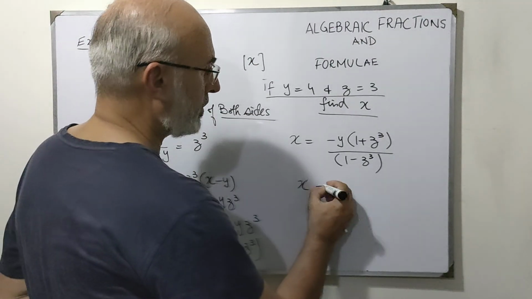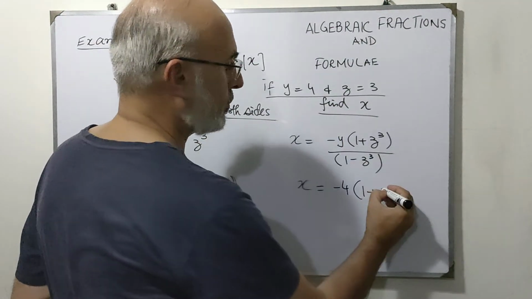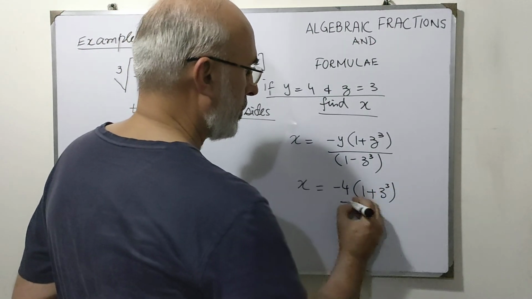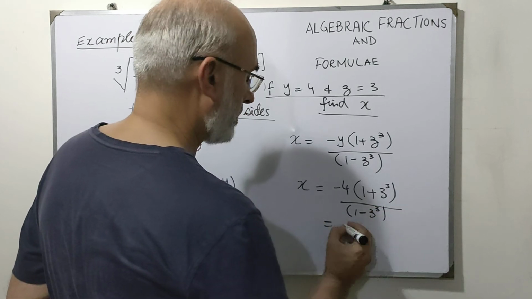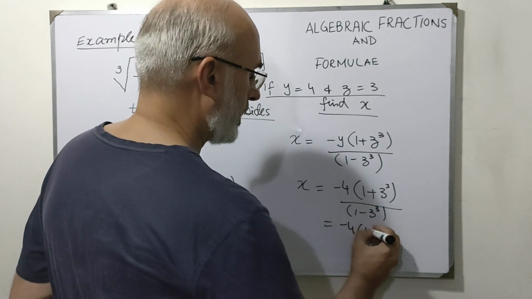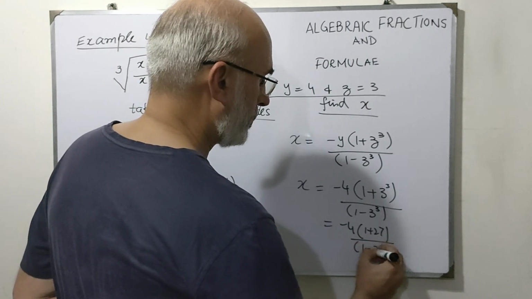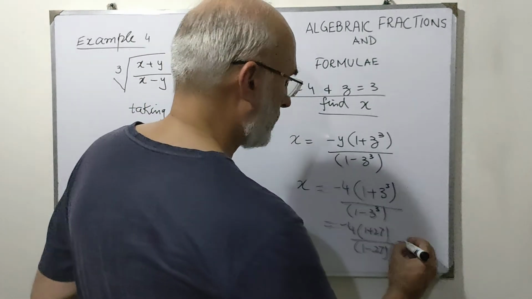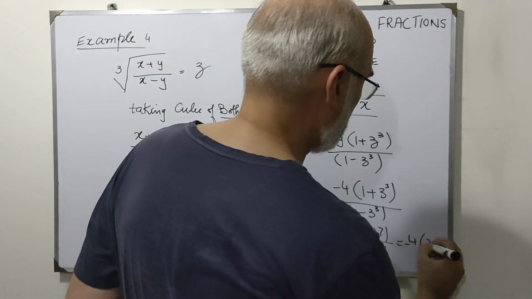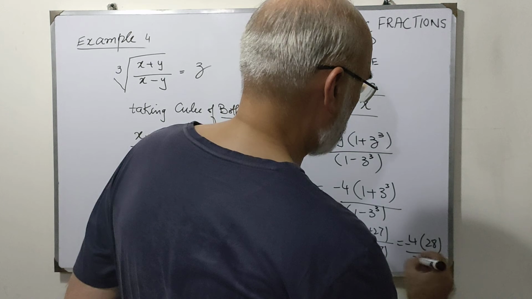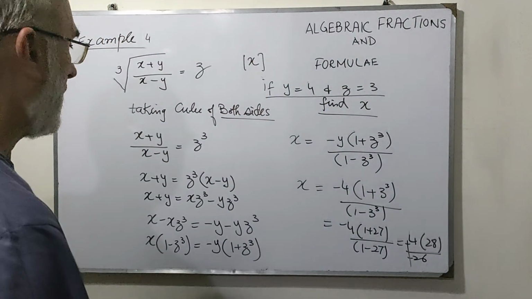So x is equal to minus 4 into 1 plus 3 cube over 1 minus 3 cube, it is minus 4 into 1 plus 27 and over 1 minus 27. Okay, so we are reduced to minus 4 into 28 over minus 26. So minus is gone.